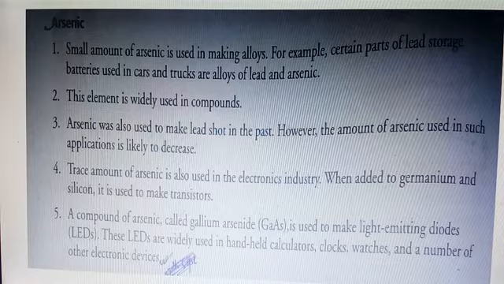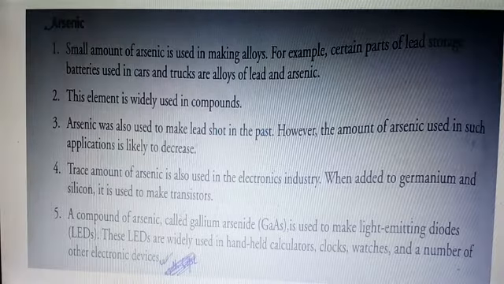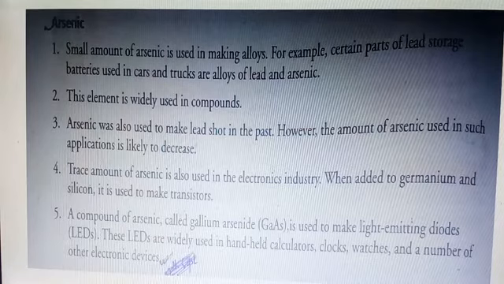Now today we'll be learning about the uses of arsenic, another important metalloid. A small amount of arsenic is used in making alloys. For example, certain parts of lead storage batteries used in cars and trucks are alloys of lead and arsenic.